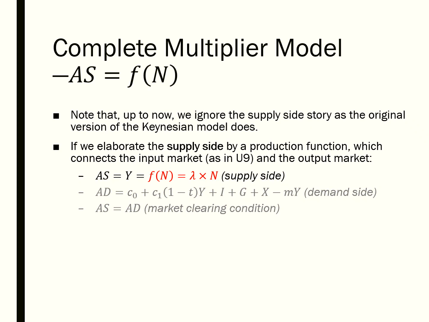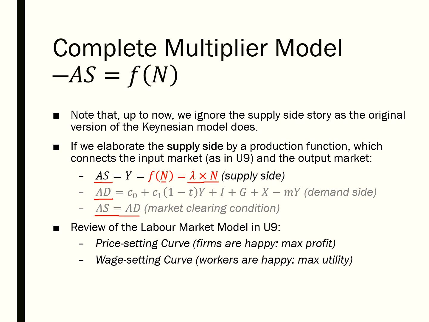Now we have three equations, and we will combine them so that we can solve for Y, because what we are interested in this model is GDP. If you still remember, the central variable of any macroeconomic model is GDP. So we basically solve GDP based on all the other parameters and the policy variables, tax rate and government expenditure.